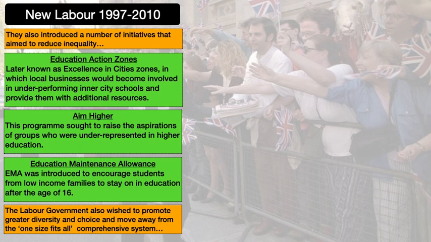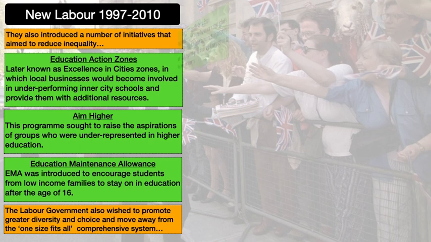And the Labour government also wished to promote a greater diversity and choice, in a similar ideology to the marketisation of schools, and move away from that one-size-fits-all comprehensive system that had been criticised by neoliberals.